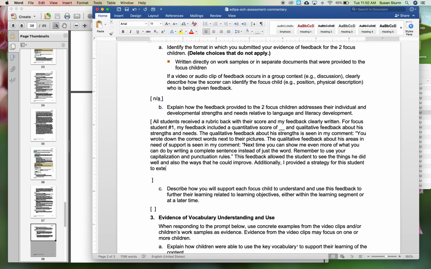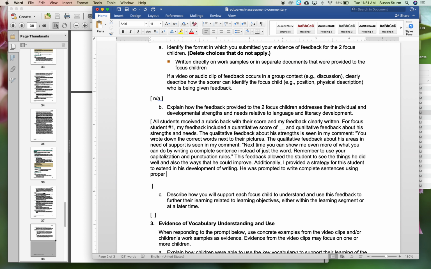For this student to extend in his development of writing, he was prompted to write complete sentences using proper mechanics, a strategy that will push him, that will challenge him to grow in his writing.